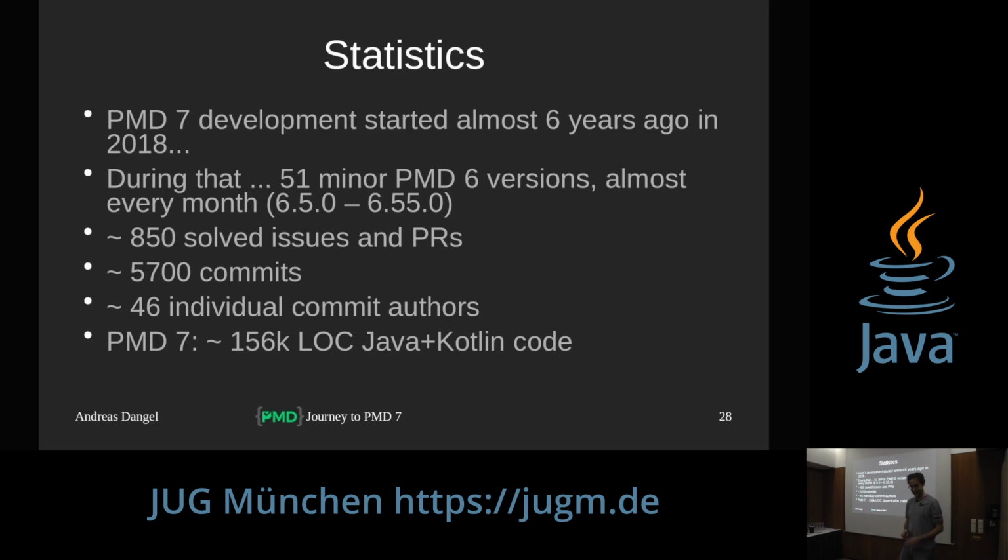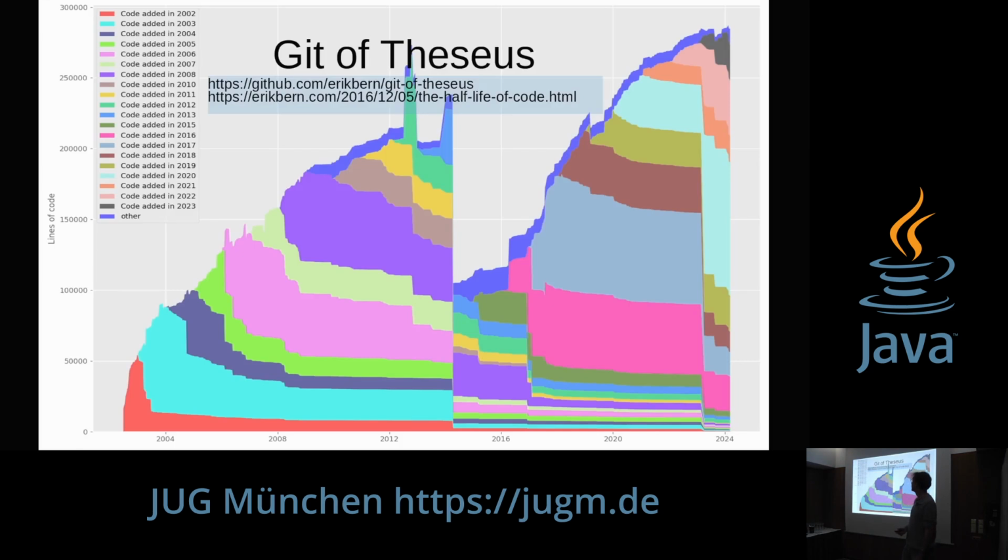But while researching this, I found another interesting analysis that I want to show here. This is Git of Theseus, an old blog post about the half-life of code. That's actually a more philosophical question.